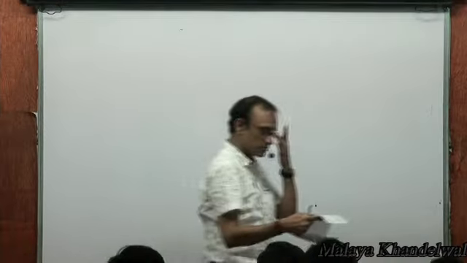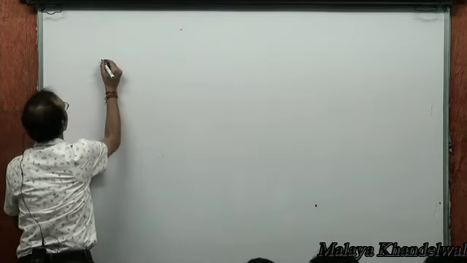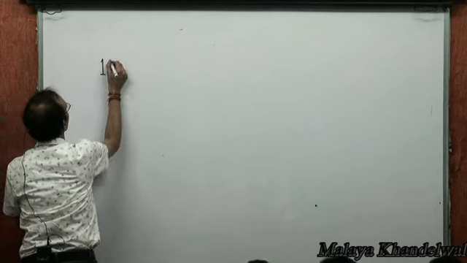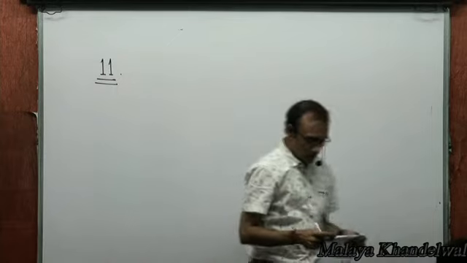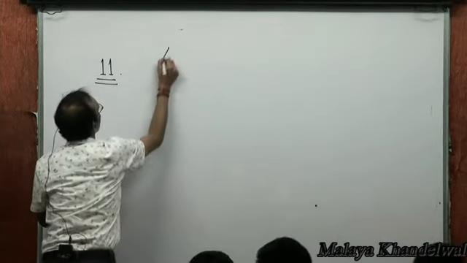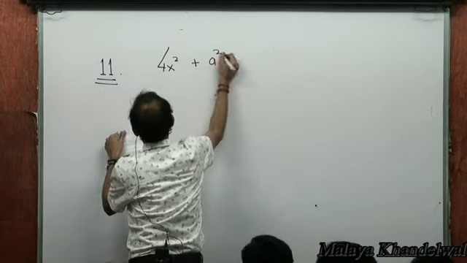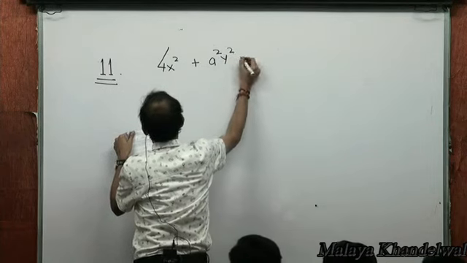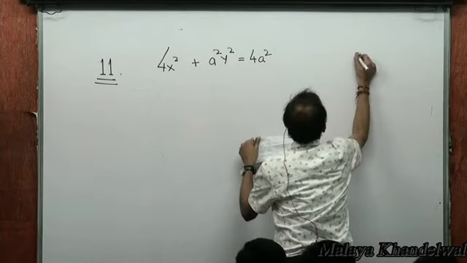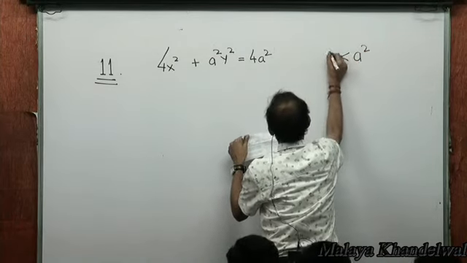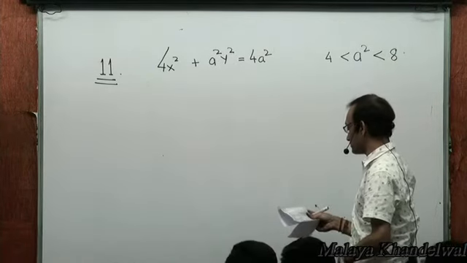Let's examine the next problem. Number 11. There is a curve given, which is 4x squared plus a squared y squared equal to 4a squared, where a squared is greater than 4 and less than 8.